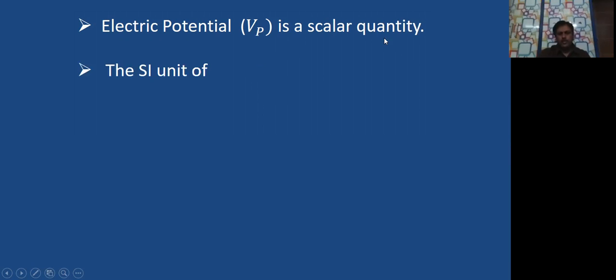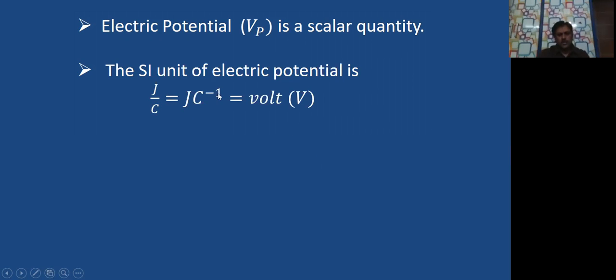Before I go to that, a small point. Electric potential at any point is a scalar quantity, and the SI unit of electric potential is joule per coulomb, which is written as JC inverse. Joule per coulomb is known as volt. Symbol is capital V. I hope you understood.